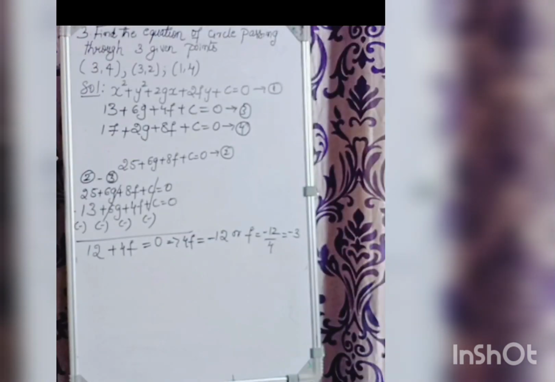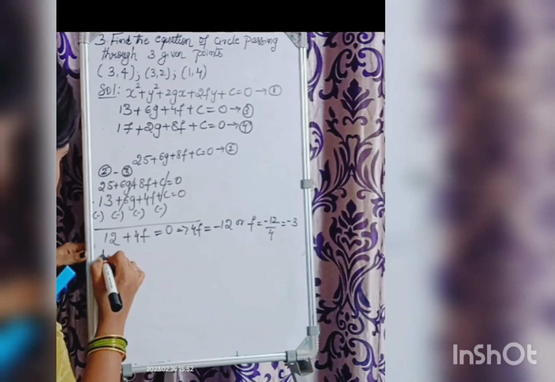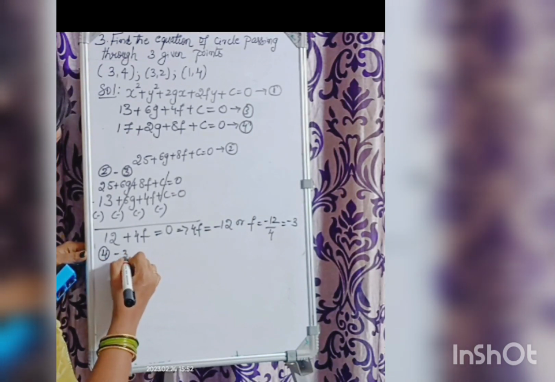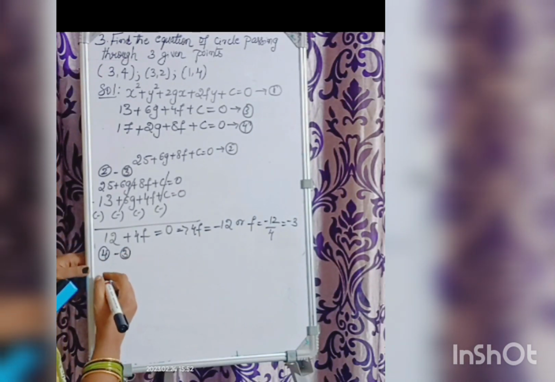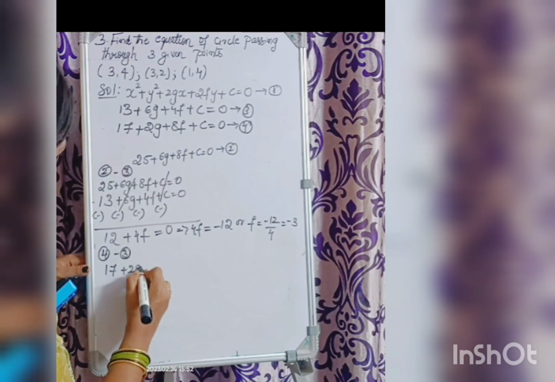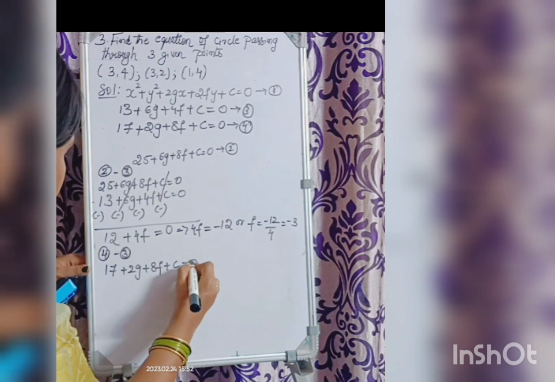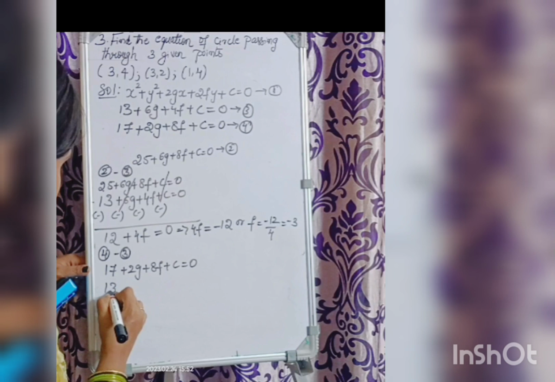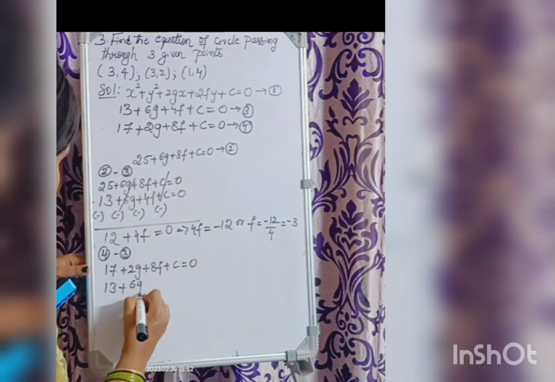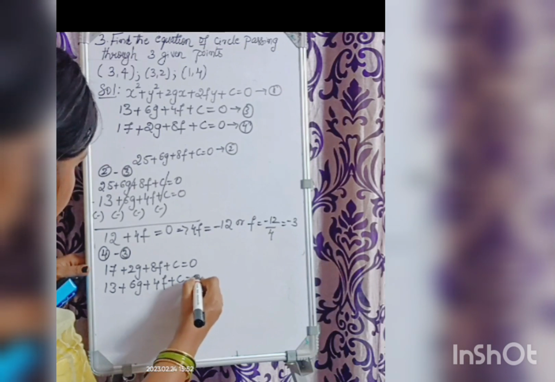Now again, solving equation 4 and 3. That is 4 minus 3. It gives 17 + 2g + 8f + c = 0, minus 13 + 6g + 4f + c = 0.